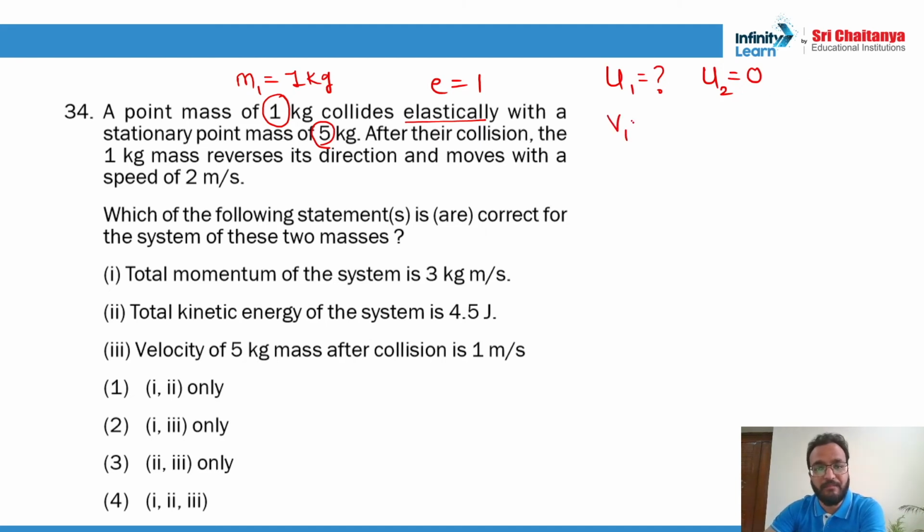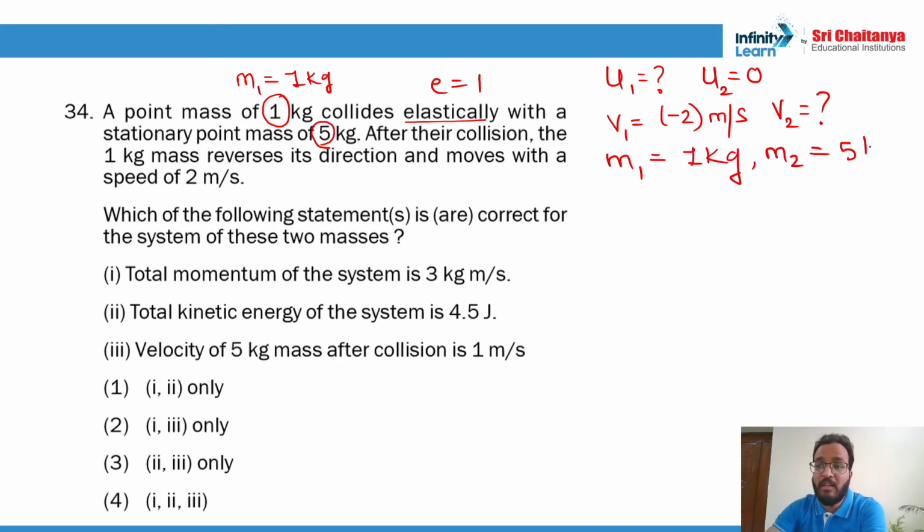Have they given V1? Yes. Have they given V2? No. Have they given M1? Yes. Have they given M2? Yes. Have they given e? Yes. So these informations are given and these are not given. So U1 and V2 are not given, everything else is given.